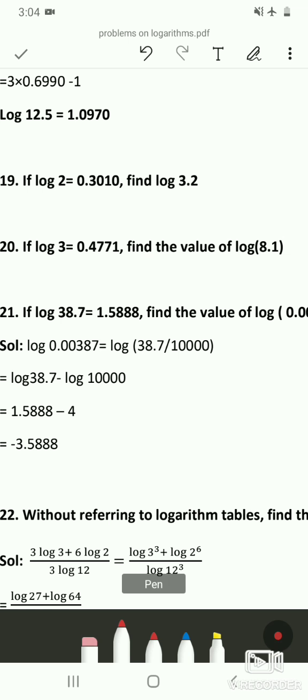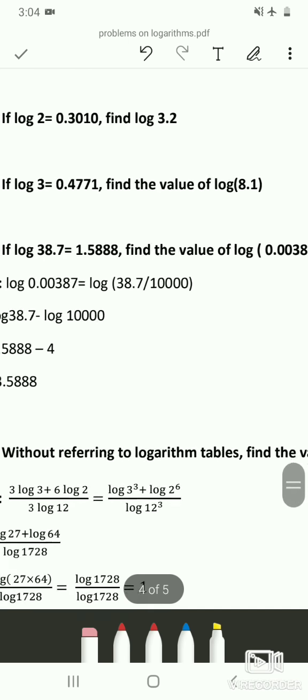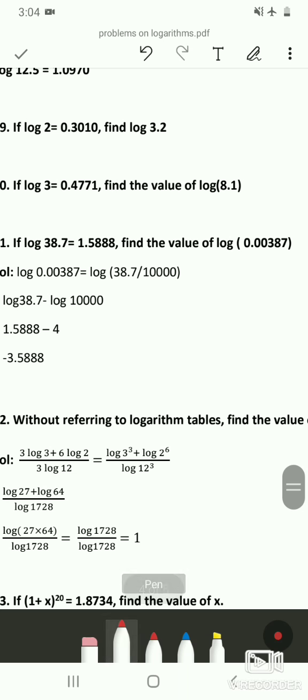So the next problem is, if log 38.7 is equal to 1.5888, find the value of log 0.00387. So here they have given the value of 38.7 and they have asked the value of log 0.00387.